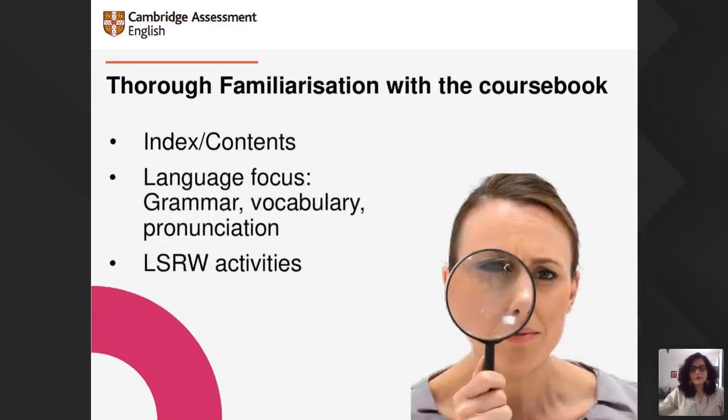So now, once we have familiarized ourselves with the concerned international exam that we want our students to take, the next step is a thorough familiarization with the existing course book. By course book, I mean the course book that the school is using, regardless of whichever board the school is under.